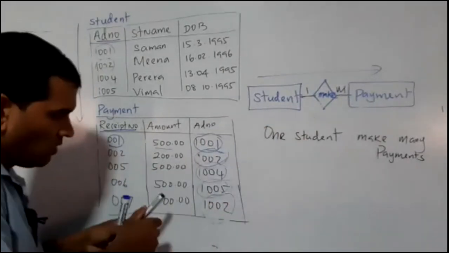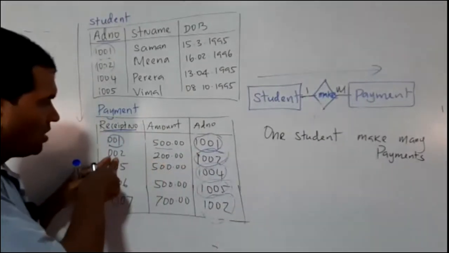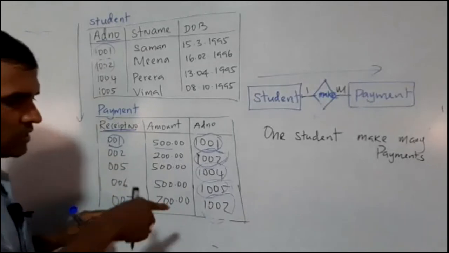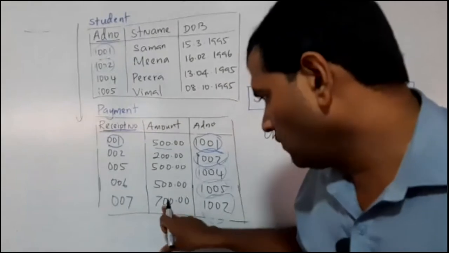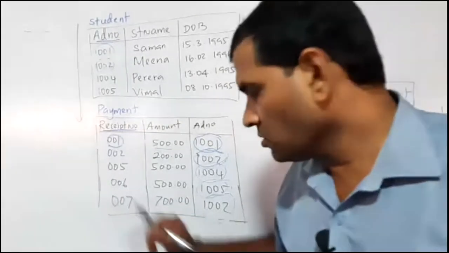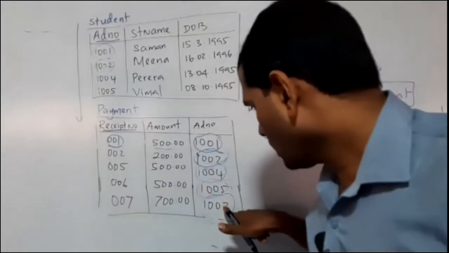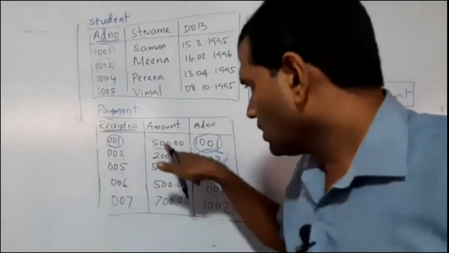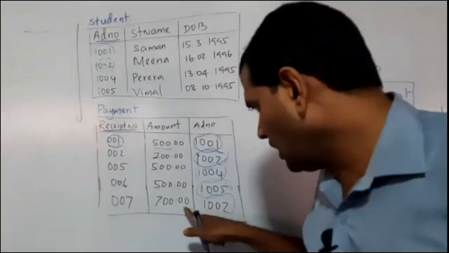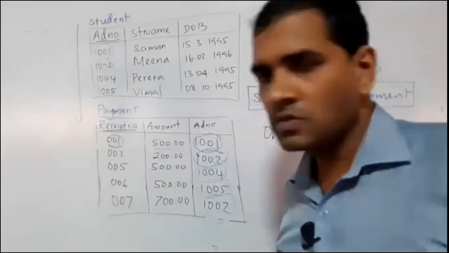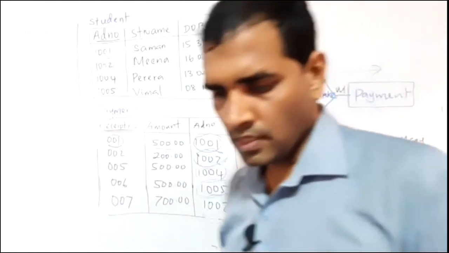Look at that: student 1001 made a payment of 200 rupees and got receipt 002. And the same student made another payment of 700 rupees and got 007. So one student made two payments.